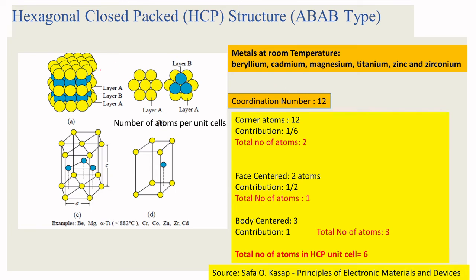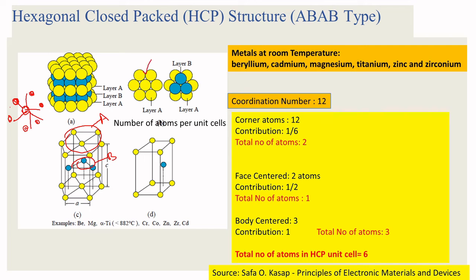Here its structure is somewhat different. It is like a complete hexagonal, and it will be arranged like this. You can see this is an A type, and this is a B type.